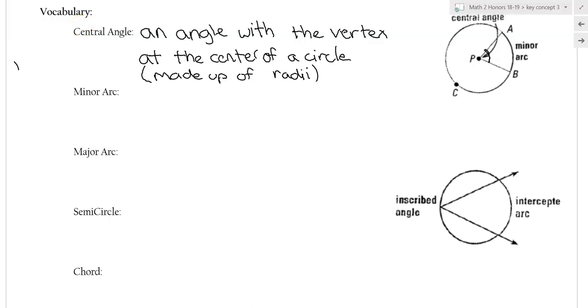A minor arc. When we look at arcs, we should know what an arc is.